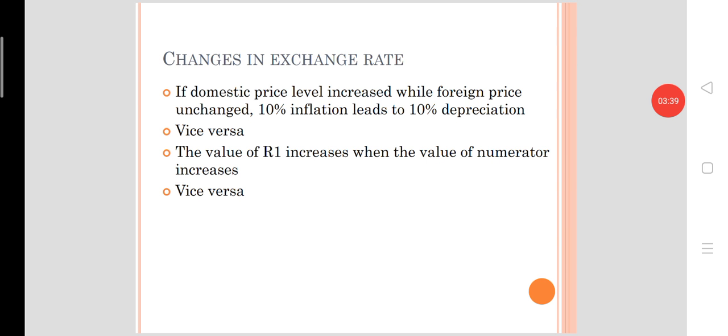Before going into the calculation of the exchange rate as per relative purchasing power parity theory, let's look at how inflation affects the exchange rate.